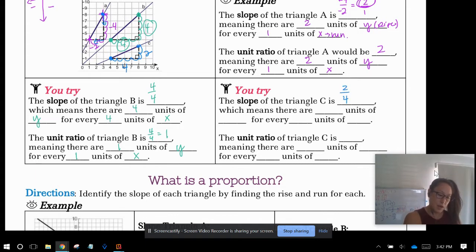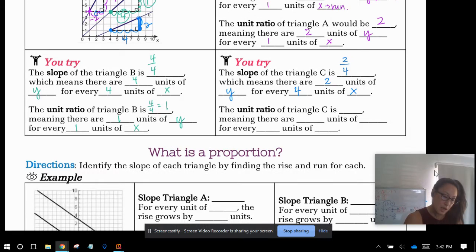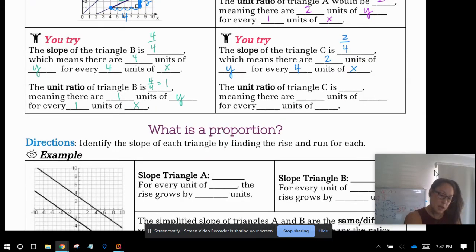So for every 2 units in the y direction, I move 4 units in the x direction. Okay? And we can say that the unit ratio, when I divide 2 by 4 in my calculator, is equal to 0.5. So that's technically 0.5 over 1, which means, I'm just going to write it a little smaller.